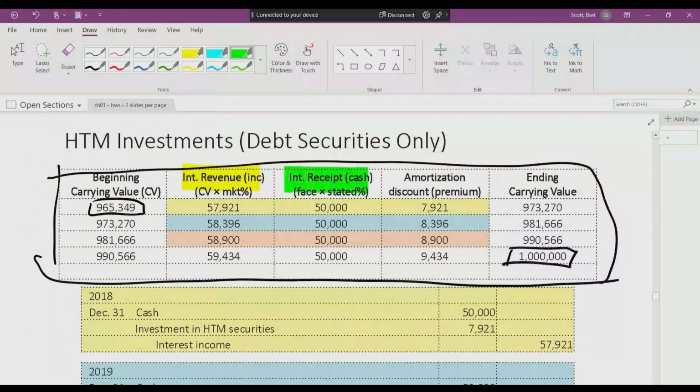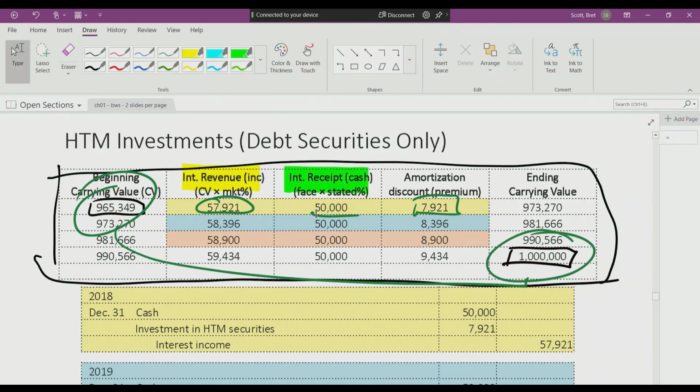But the market rate, which has a higher yield, is actually telling us we're going to recognize more revenue than what we actually get in cash. And why do we do that? Why are we recognizing an extra $7,000, $8,000? Well, that is part of the difference between what we paid for it and what we're going to get back at the end when it matures.